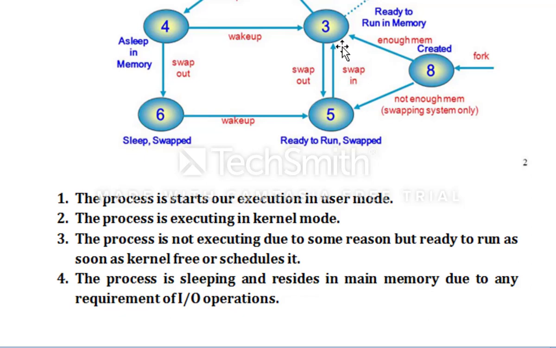In step 3, swap in, swap out. So a ready to run process will swap in as per the requirement of the kernel. If the kernel notifies the process in step 3, it will swap in the process which is stored somewhere into a memory location. Okay, and again the process goes to step 2, that means kernel running mode.